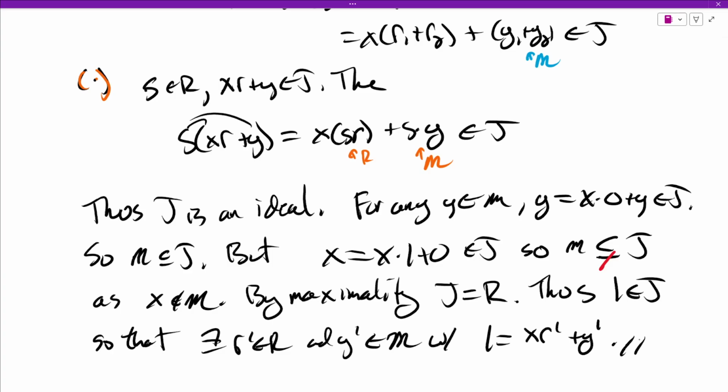And that's just what it means to be in J. If you're in J, you look like that. So that's the last part that I told you there wasn't really much content to.